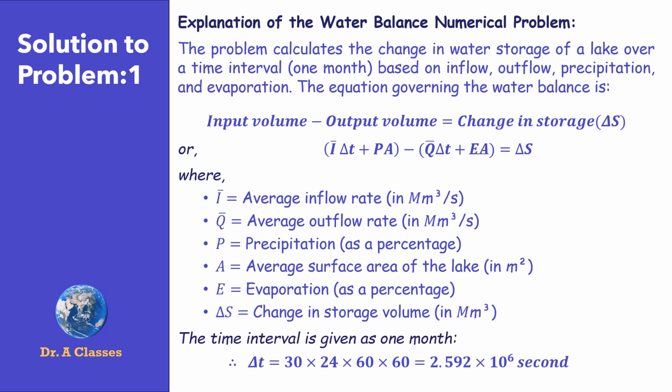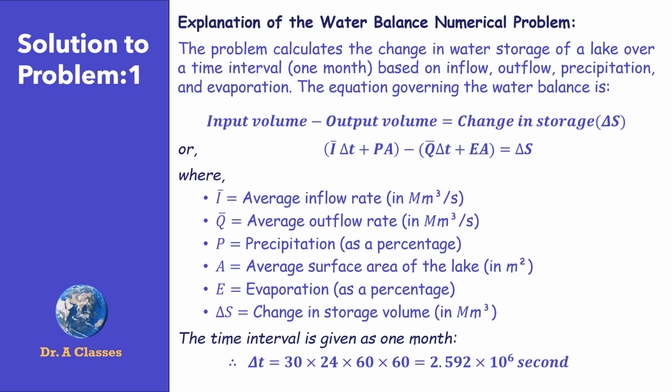time interval, that is 1 month, I is average inflow rate in meter cube per second, Q is average outflow rate in meter cube per second, P is precipitation depth, A is average surface area of the lake in square meters, E is evaporation depth, delta S is change in storage volume in million meter cube.